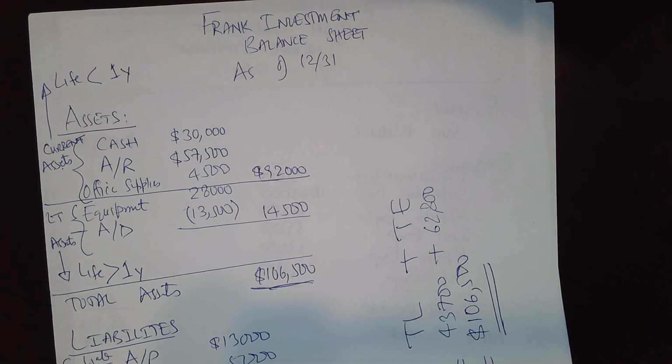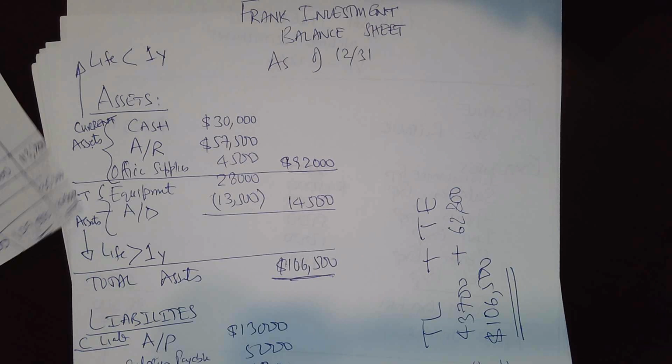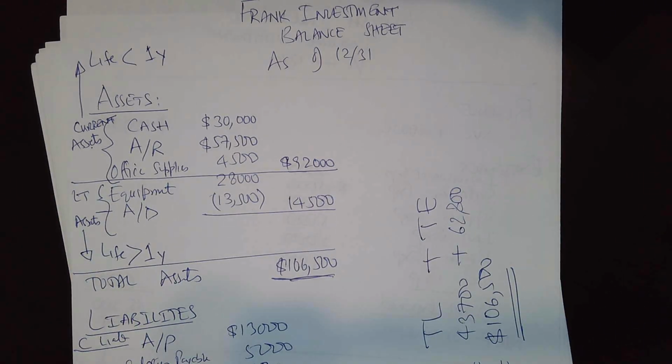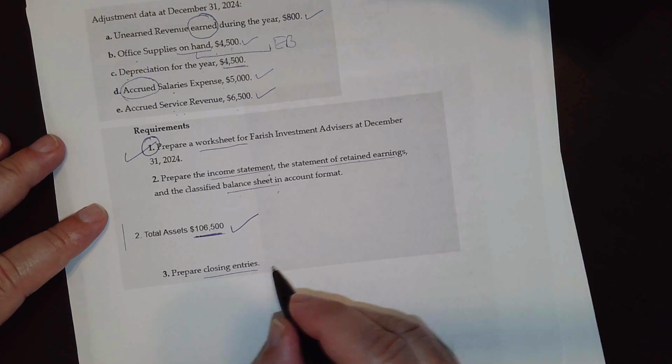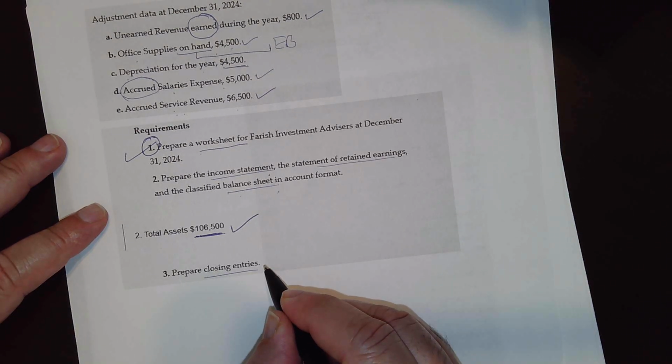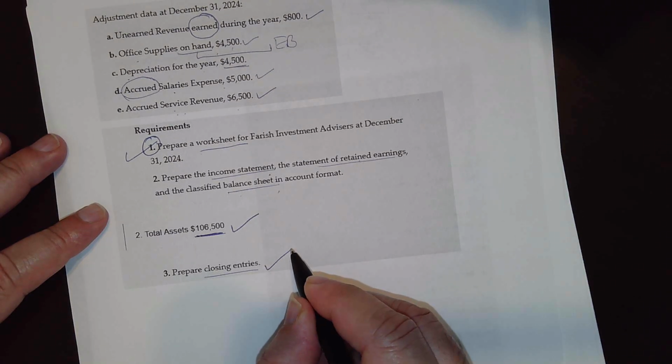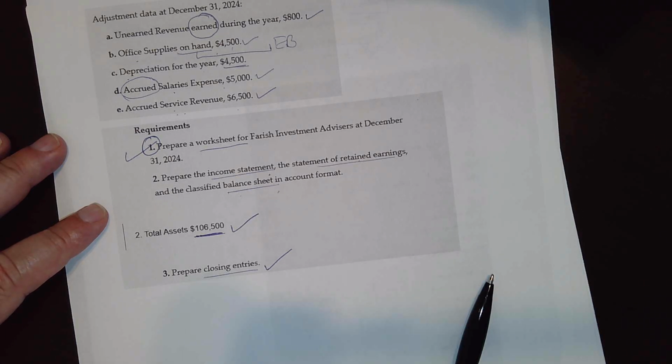Okay, so now let's see what they want in part 3 of the requirement. Part 3 is asking you to prepare closing entries. So what do we do in closing entries? The closing entries process is very similar.